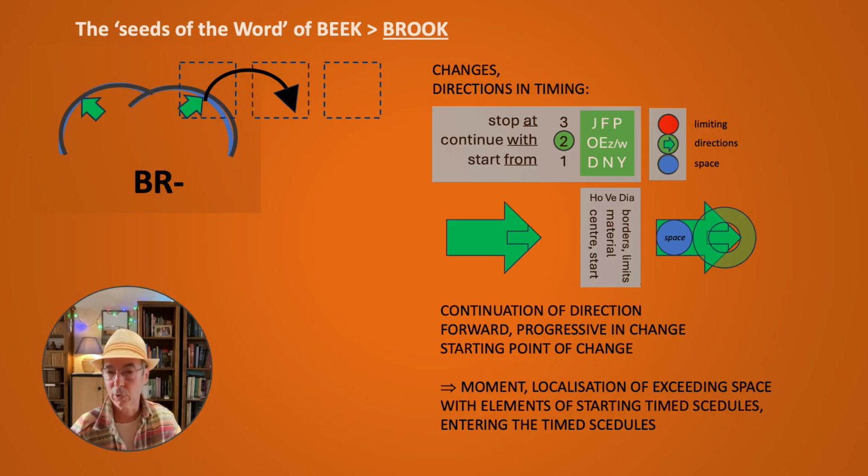So that's that O position, and this derives us in meaning and in connotation of O, that it will also show you the moment or the localization of where the space, the first category D and Y, where the orientation on space is exceeded with elements, that now says no, the elements themselves need timings, need time schedules. They will enter here the world of timing. From here onwards we will need timing.